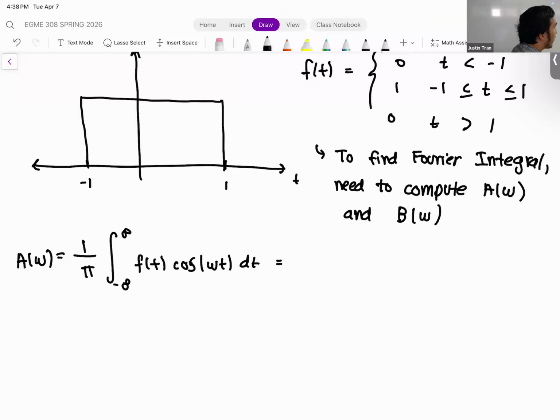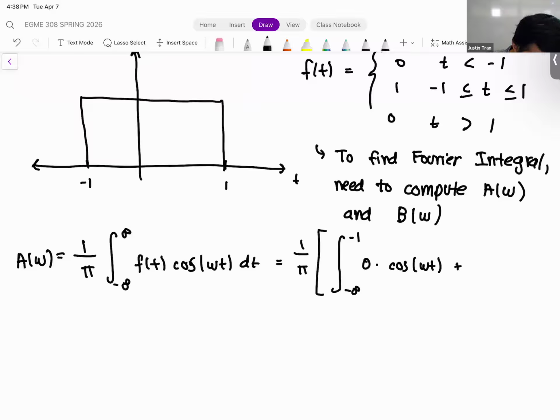So we're going to have 1 over pi multiplied by the integral from minus infinity to minus 1, where the value of the function is 0.